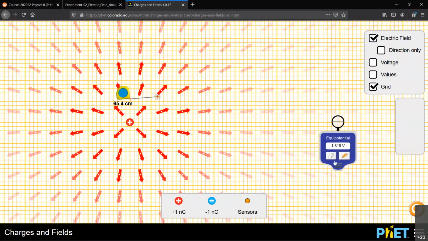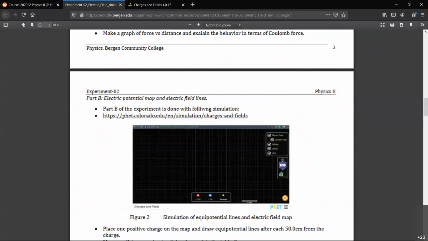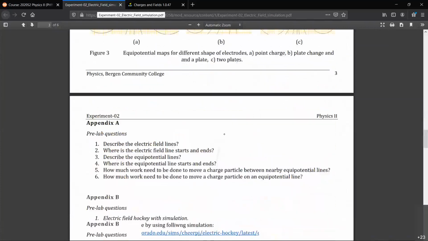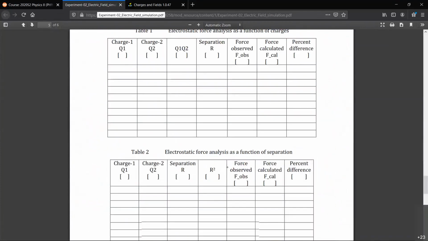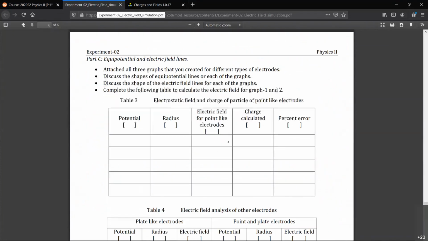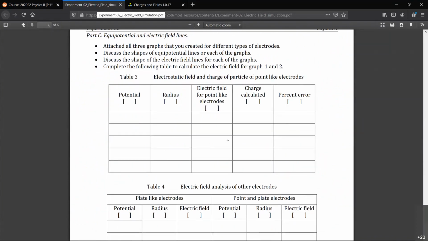All right, so let's take a look at what your lab manual is asking you to do on case 2. In case 2, we're going to look at how the potential varies as a function of radius. Radius means the separation between the point of interest and the charged particle.